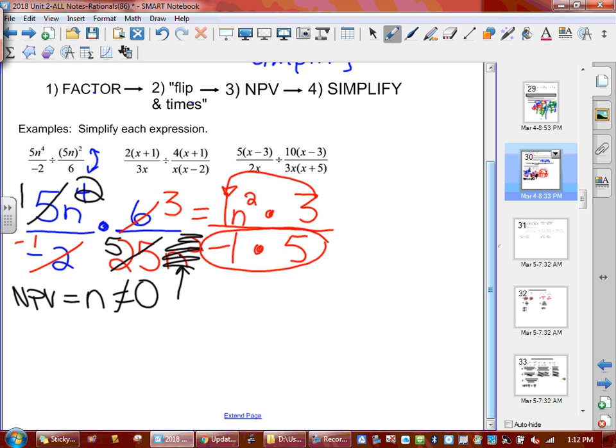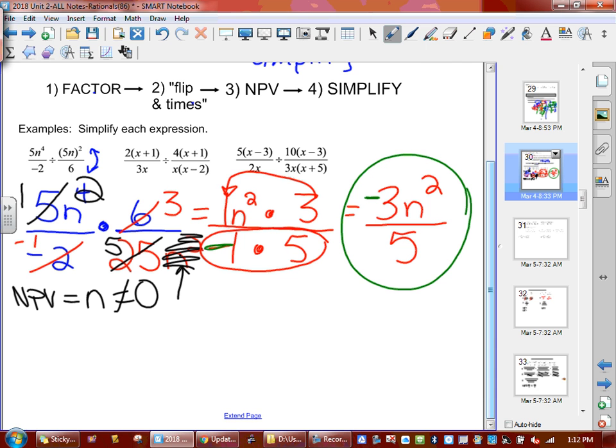So we're going to end up with 3n squared over 5, and this beautiful little negative sign down here is going to float to the top. Okay? So that would be our final answer, with no variables in the denominator anymore, which is why we always have to state our non-permissibles before we cancel.